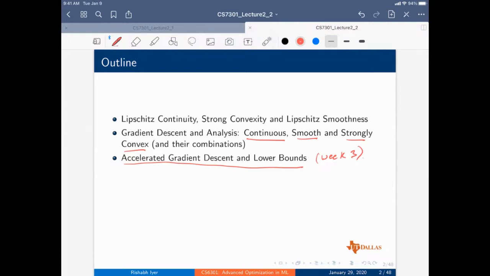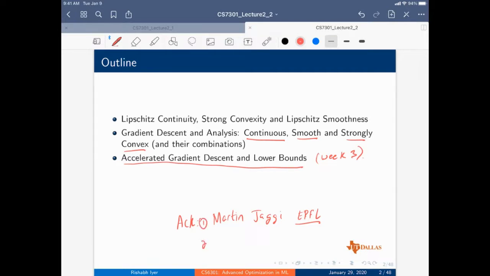I'll acknowledge that some of these slides were taken from Martin Jaggi. I couldn't remember his name earlier, but he has a nice course at EPFL and also a book on some of these techniques.